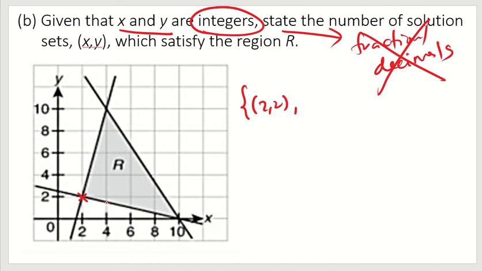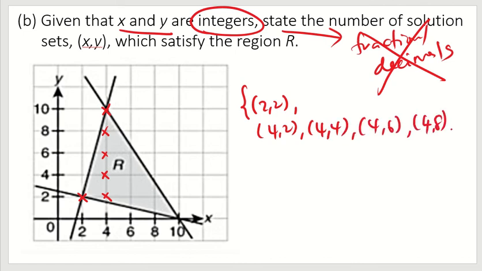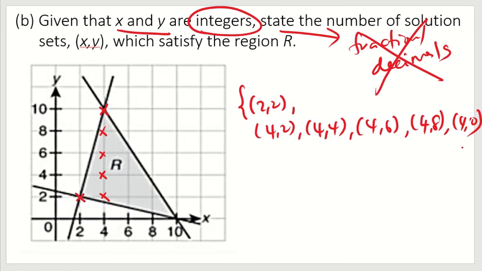No, this side no, because this is located at 1 point something. So this decimal no, because the question wants integers. So we only accept all the integers. This one, yes. So you get another: 4, 2, 4, 4, 4, 6, 4, 8, and 4, 10.